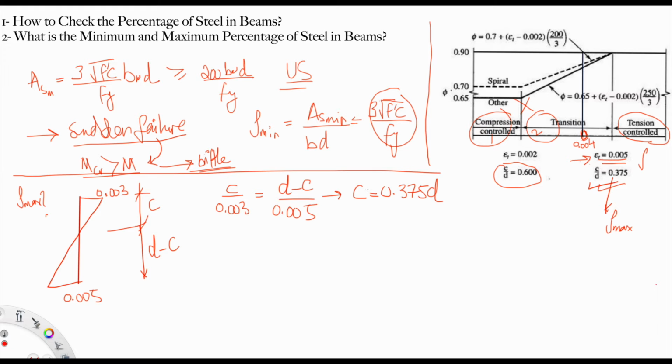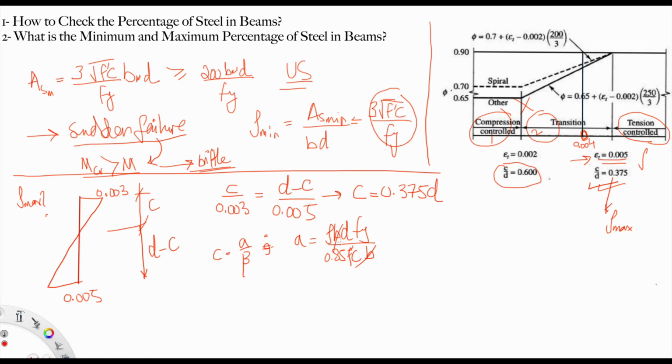That means 37.5% of the section is controlled by c, which is the compression, and the rest is tension. We know that small c is a over beta one. And a is As fy, or we can substitute As with rho b d, so rho b d fy divided by 0.85 f'c b.